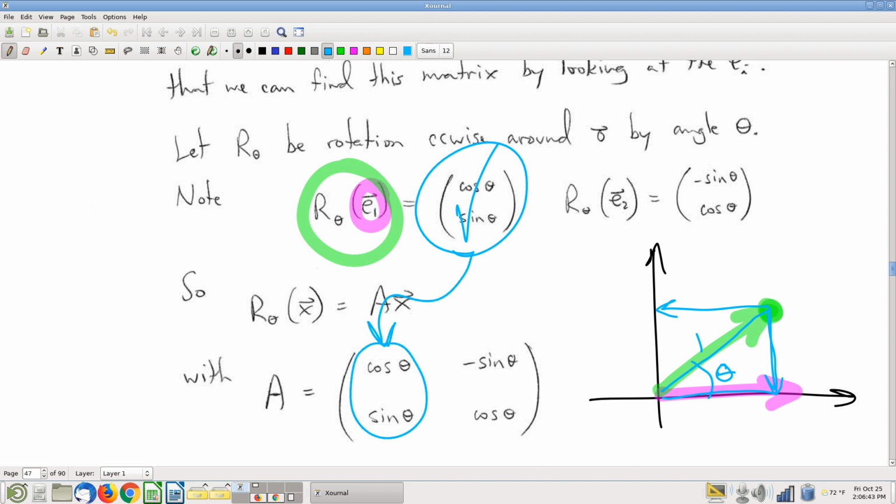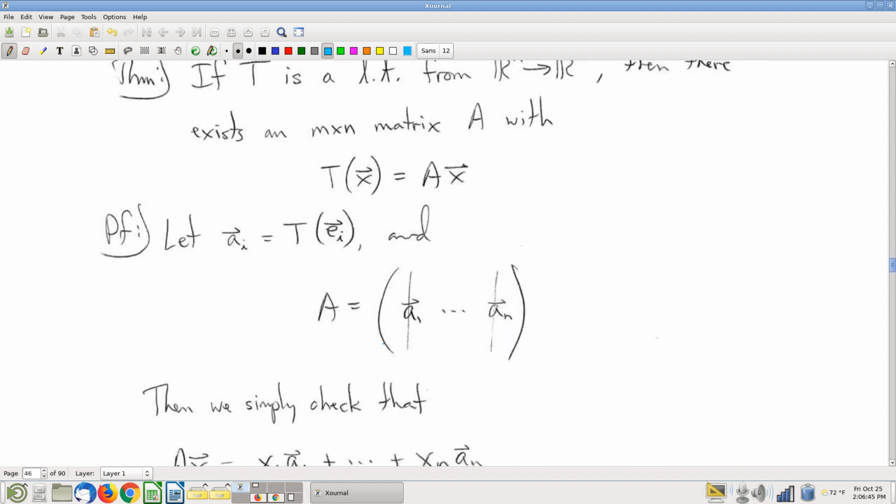Notice I'm literally following the formula on the previous page. The images of the standard basis vectors become our columns.